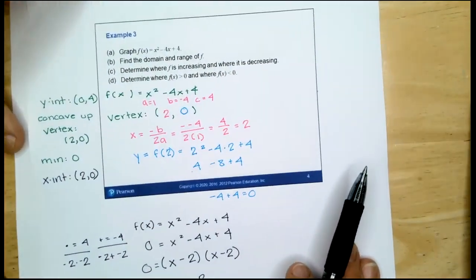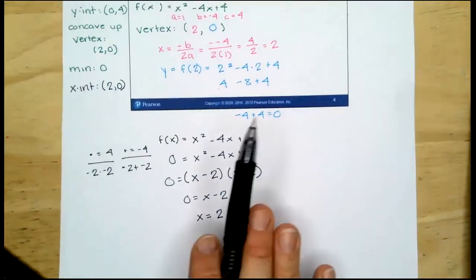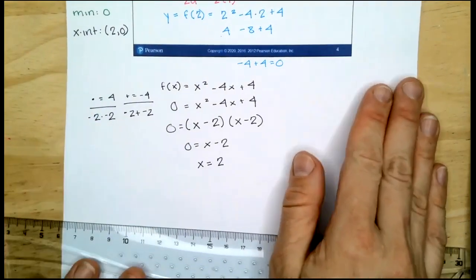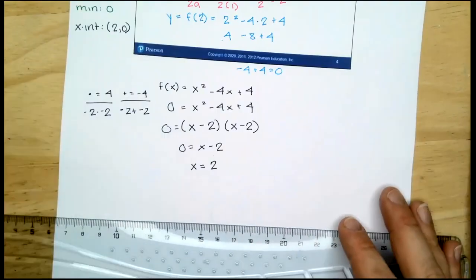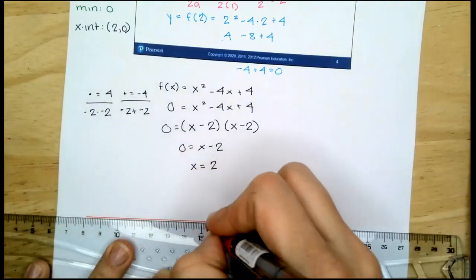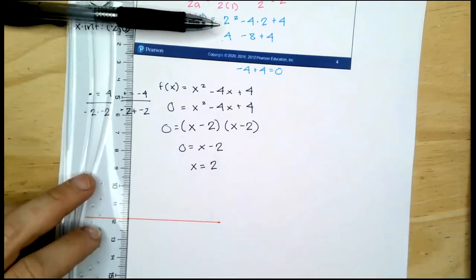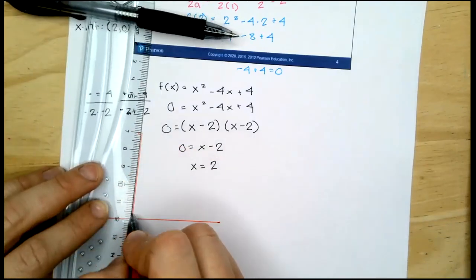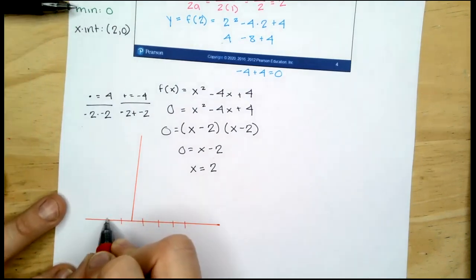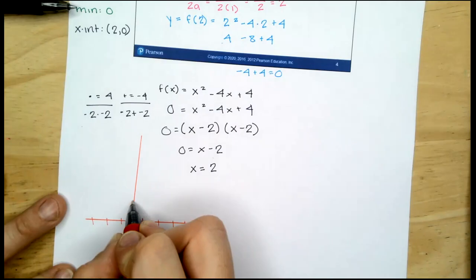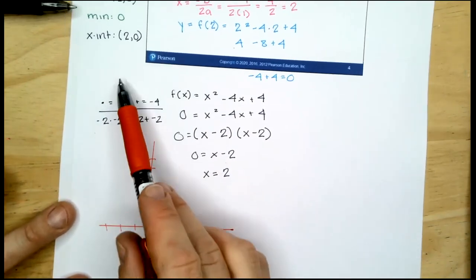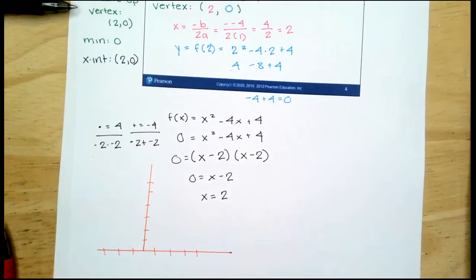Find the domain and range. It's easier to find the domain and range once you have graphed it, but you could do it without actually visualizing it. So my x-intercept is at 2, 0.